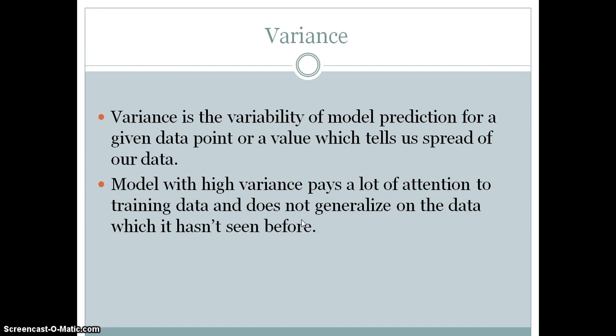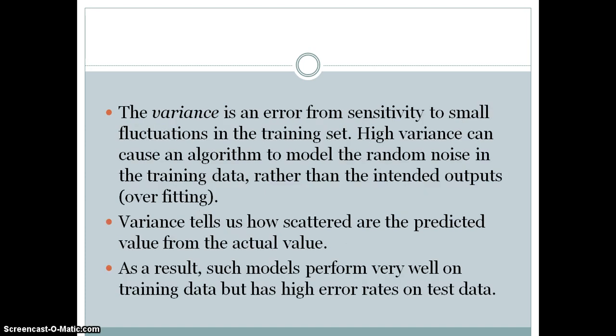The variance is an error from sensitivity to small fluctuations in the training data set. So high variance can cause an algorithm to model the random noise in the training data rather than the intended output. It will cause overfitting. High variance will cause overfitting of the data. So it will create noise in the training data set, so it is difficult to analyze the data set.